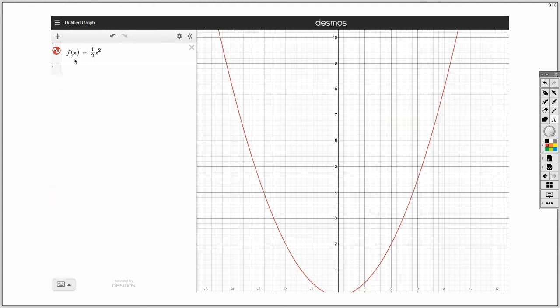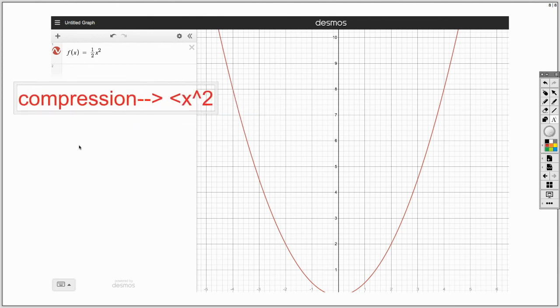So when we have a compression, it's the opposite, right? Compression is basically when the coefficient is less than 1, like 1/2. We can see how it became wider.